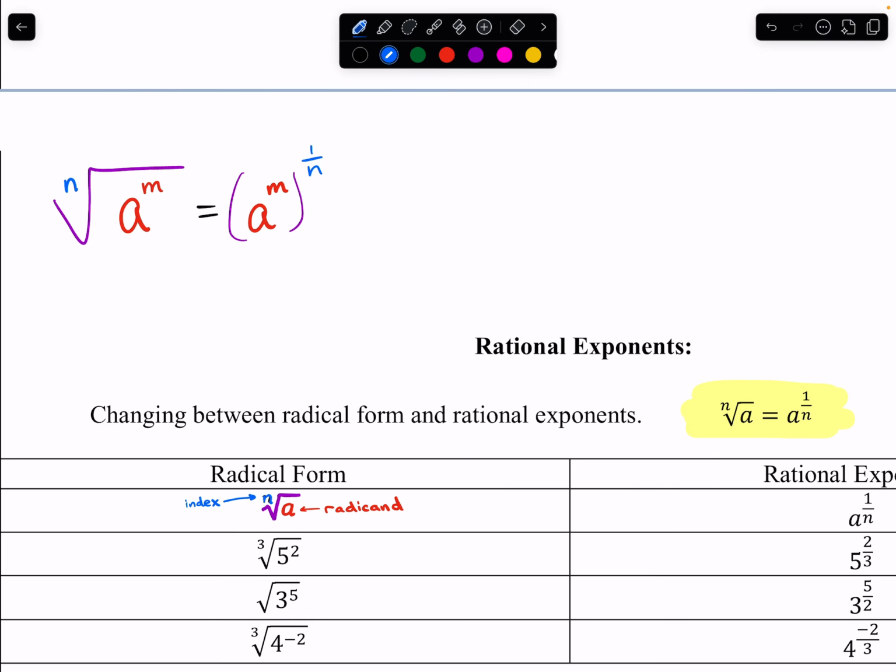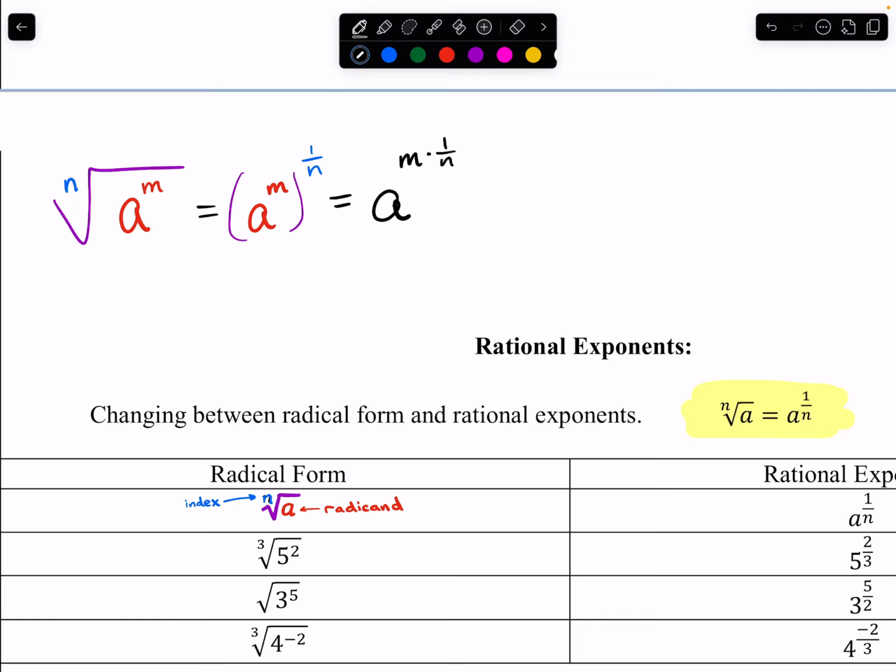But wait a minute. Now I have something raised to a power and all of that raised to another power. And that was the power to a power rule that you saw in our last lesson. If you're not sure what I'm talking about, go back and watch 6.1 again or look at your notes. This is equal to a to the power of m times 1 over n.